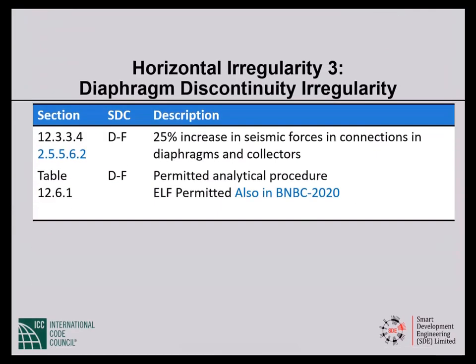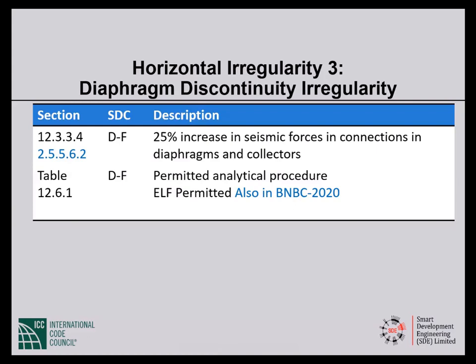In any case, if you have a diaphragm discontinuity, this is type 3 horizontal, then the two requirements that are invoked are the 25% increase in seismic design forces and permitted analytical procedure. If you go there, there is really no restriction.